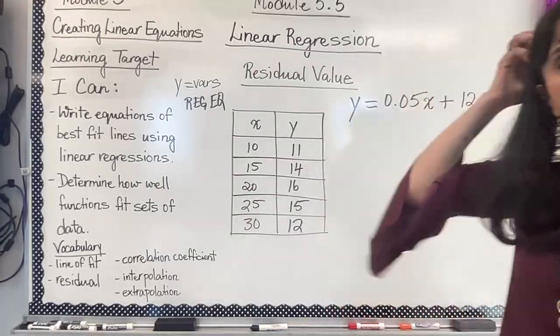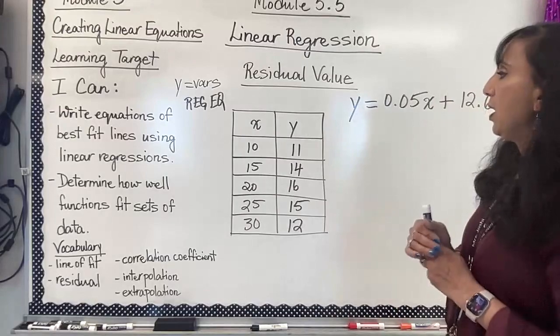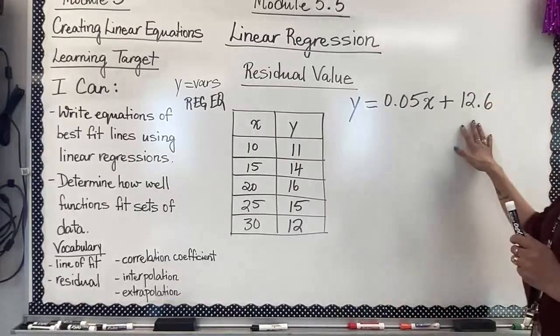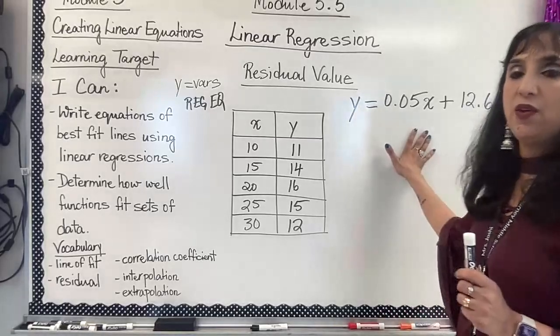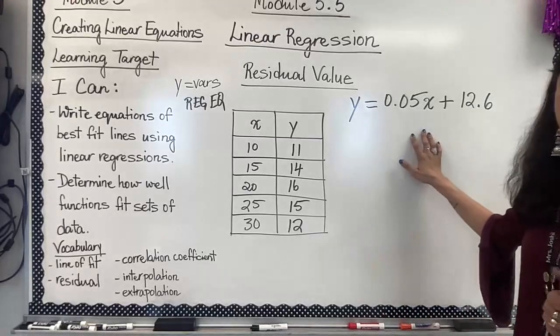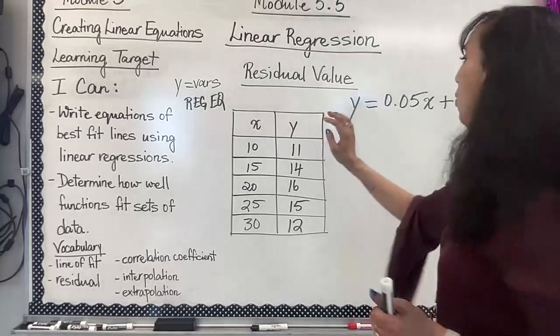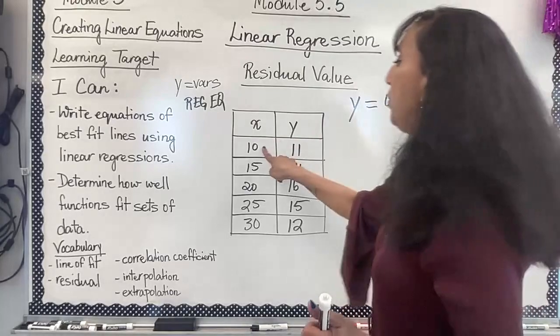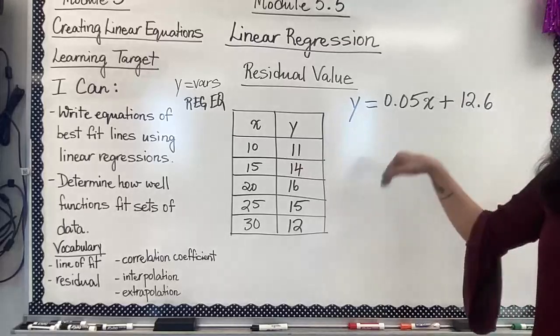So remember once again, this is my actual value, and then I'm going to try to find the predicted value by substituting, because this is what has been created by the calculator or it's computer generated for this table. Okay, so we are going to substitute the value of x with each of these, and we are going to subtract it from the actual value.